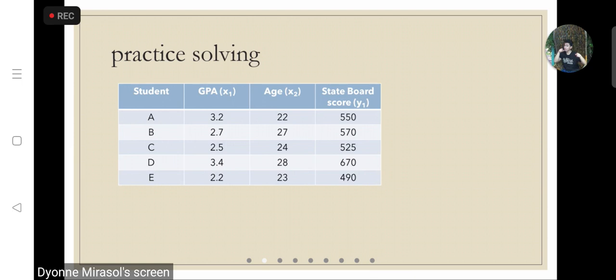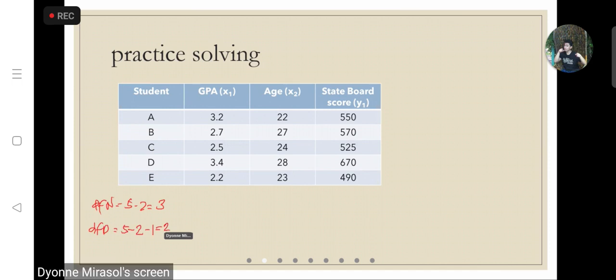Let's identify the degree of freedom for the numerator and the denominator. Our degree of freedom for the numerator is 5 minus 2, so it is 3. Our degree of freedom for the denominator, n minus k minus 1, is 2.